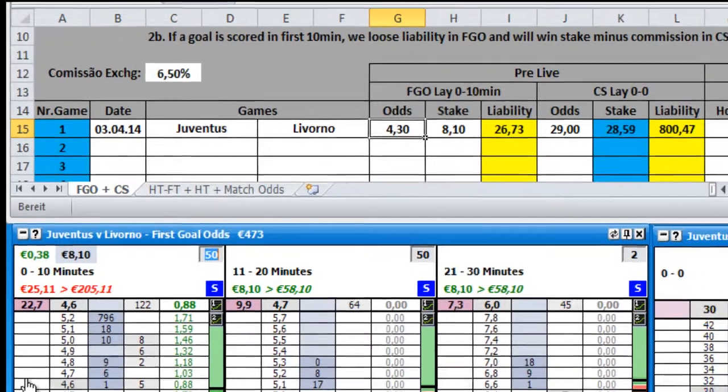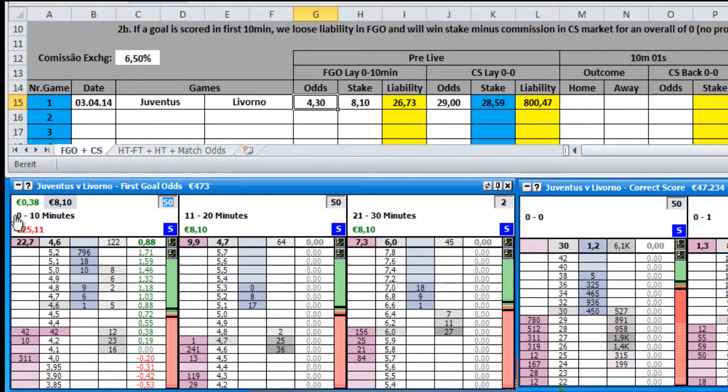and here we have the market from 0 to 10 minutes, where here I try to get the lowest odds as possible. I try to lay it with 50 euros total stack. So if I enter here with 4.3 with 50 euros, we have here the correct score market at the odd of 29.